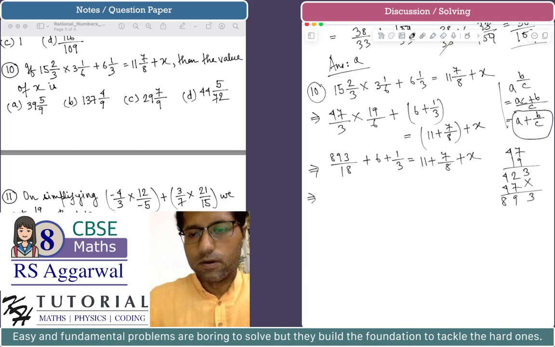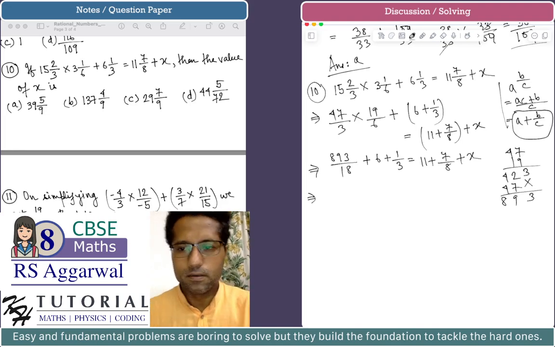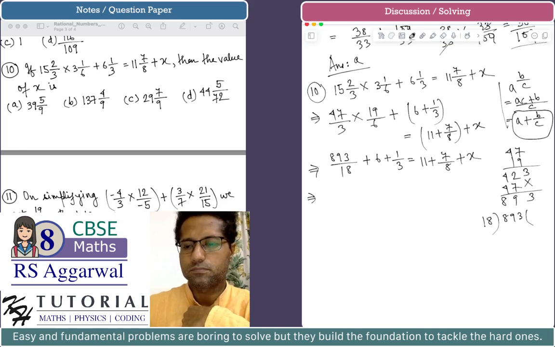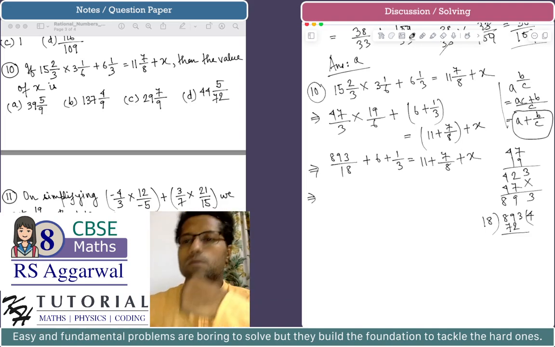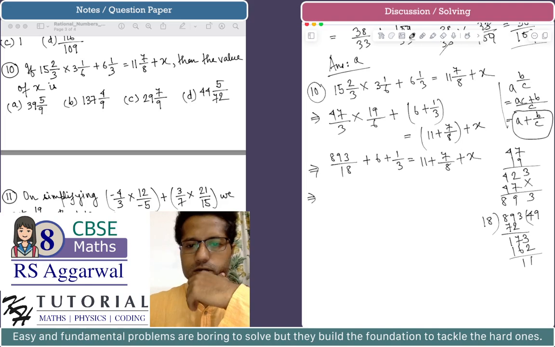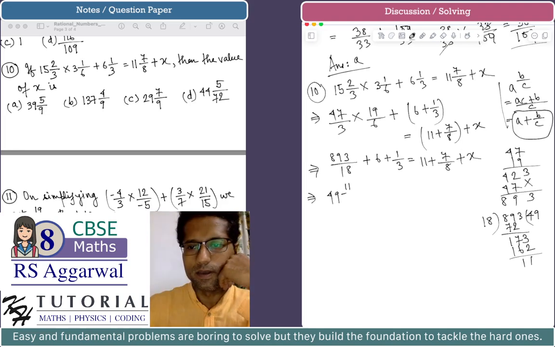This implies if you convert the 893 by 18 into a mixed fraction, I want to convert 893 by 18 as a mixed fraction, so 18 into 49 is 882, and the remainder is 11. So 893 by 18, in the form of a mixed fraction, is 49 and 11 by 18.